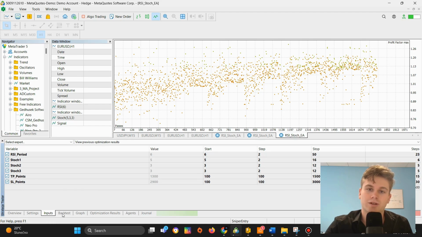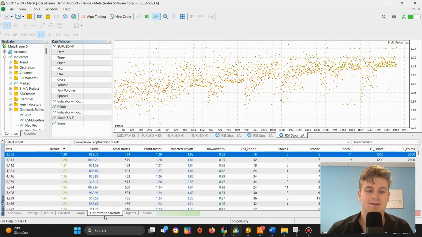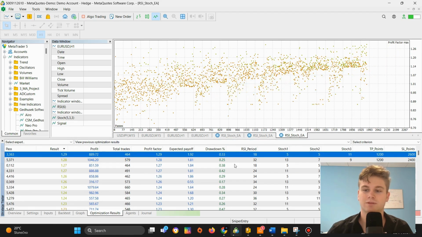If you don't use MQL5 and you just look at the chart and backtest your strategies on your own, then achieving results like this is just impossible. Because as you can see here, we are testing out over 10,000 different possibilities, and it would take you so much time to do this on your own. MQL5 is the way, basically.